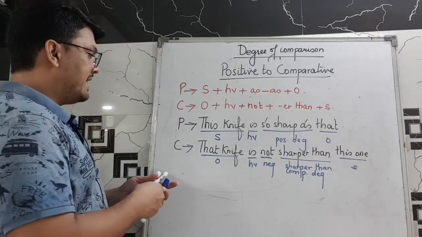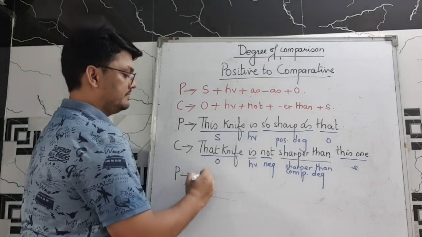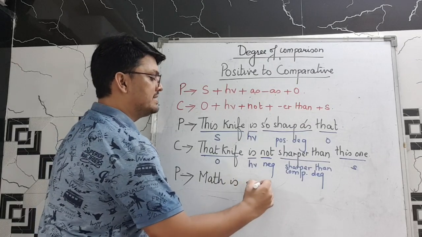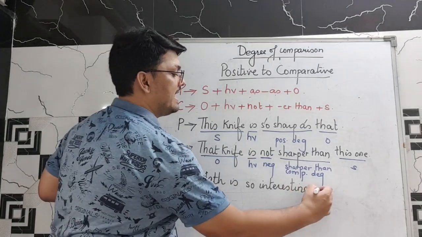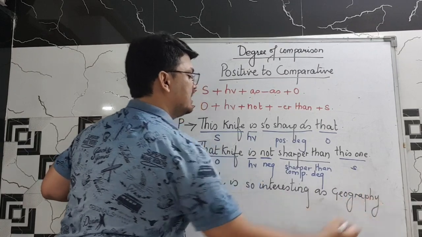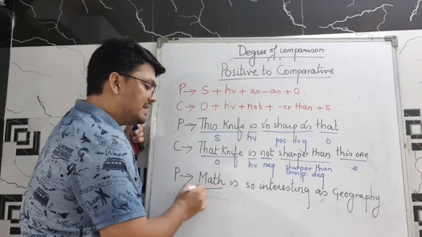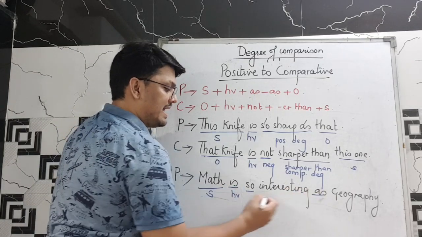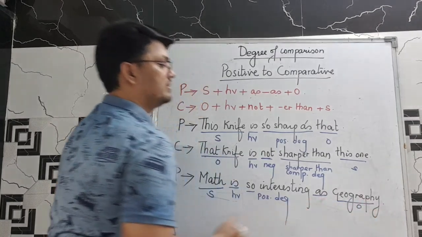Okay. Now let's take another example. Math is so interesting as geography. Let's analyze it. Math is my subject. This is helping verb. So interesting as is my positive degree. And geography is your object.